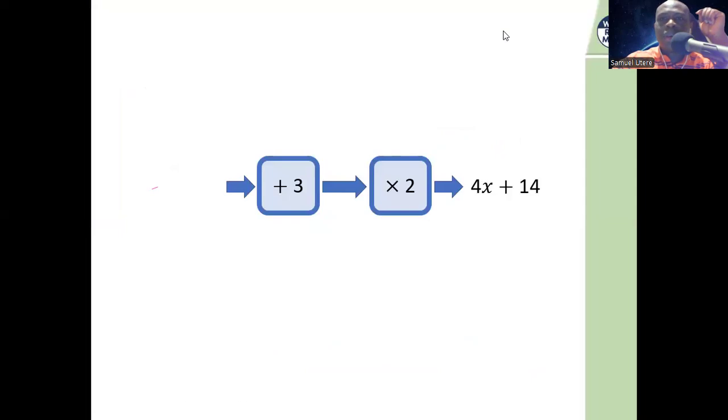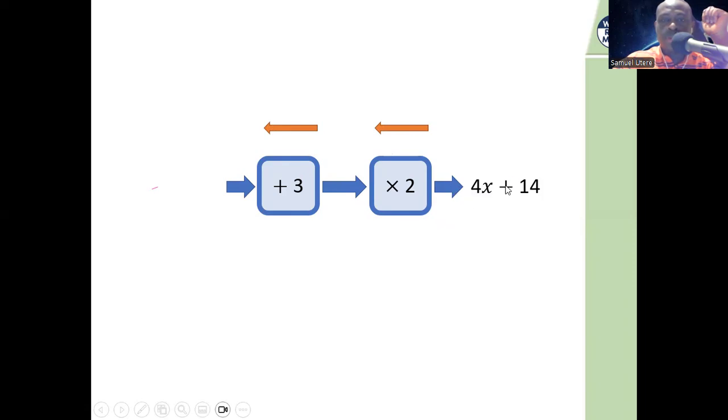What if we have this? We have a two-step function machine. We have the output, but we don't know the input. Well, remember what we learned when we did function machines with numbers. You use the inverse operation to find out what the input was. So here, we need to divide by 2 first. We divide the 4x by 2.